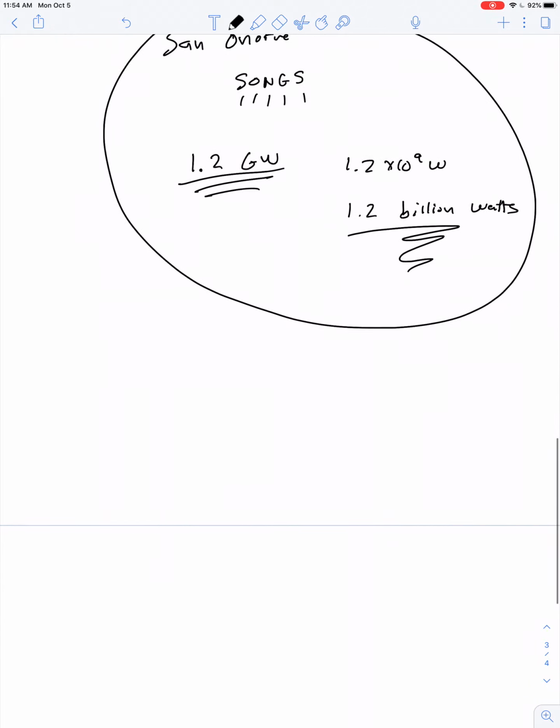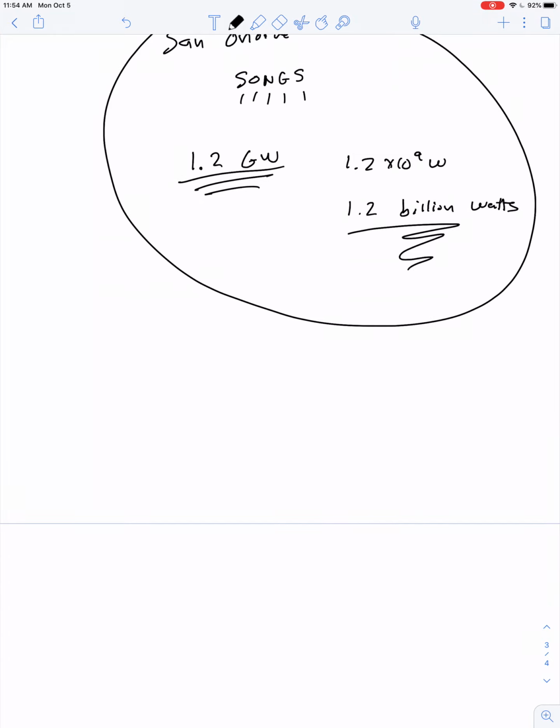Unfortunately, a common response I would get when I tell people that value is, oh, yes, 1.2 billion watts, that's a lot. 1.2 billion watts per what? Per day? Per week? Now, if somebody asks that, certainly they don't understand what a watt is all about. The per is already built in. When I say 1.2 billion watts, what I'm really saying is 1.2 billion joules per second.